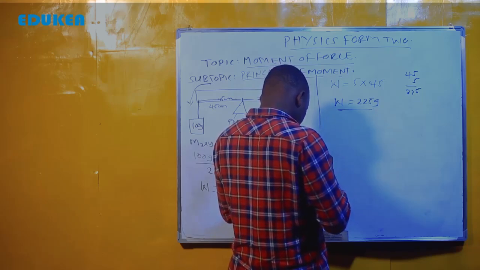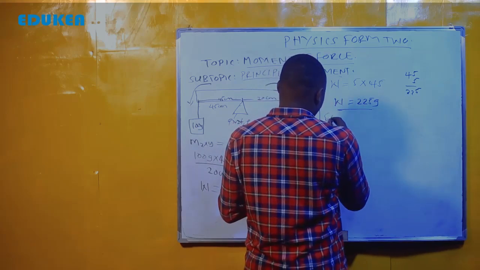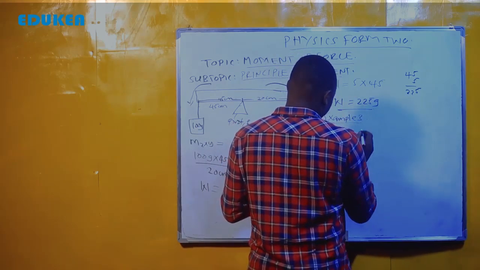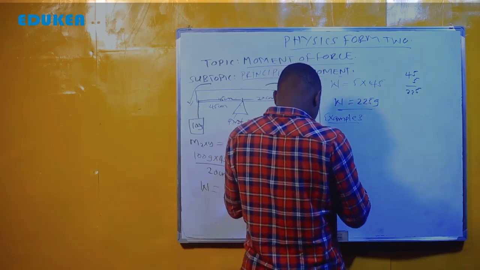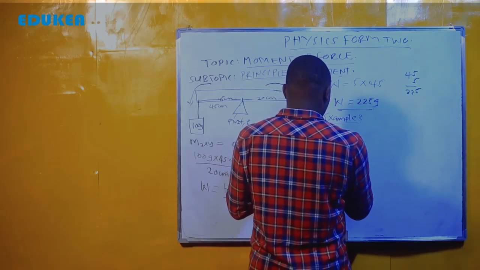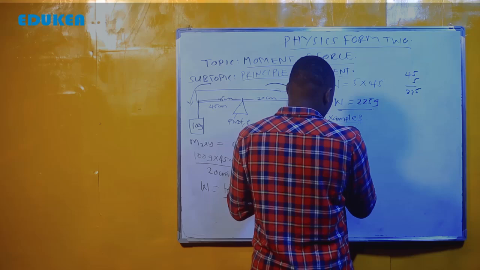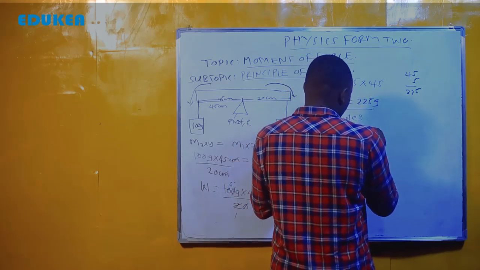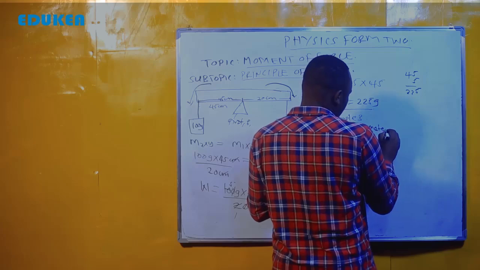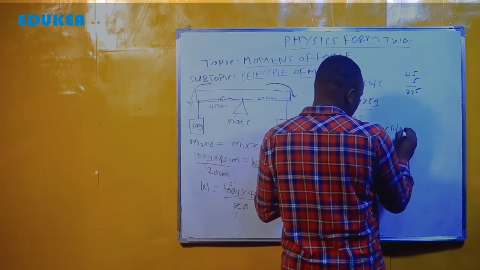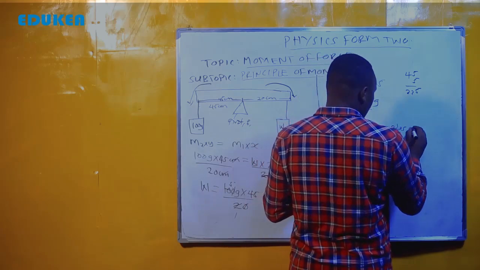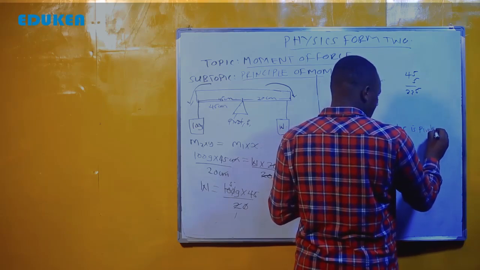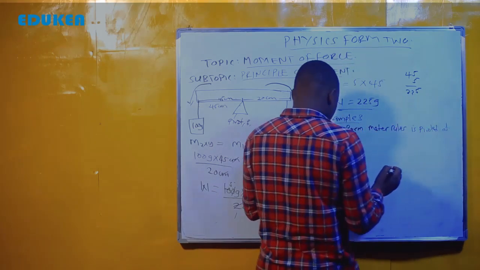Okay, example number 3. A uniform meter ruler is pivoted at its center.